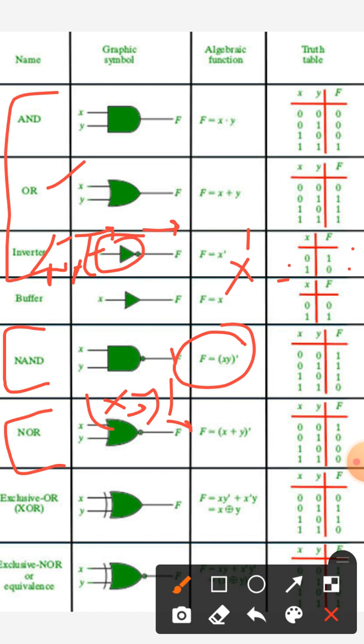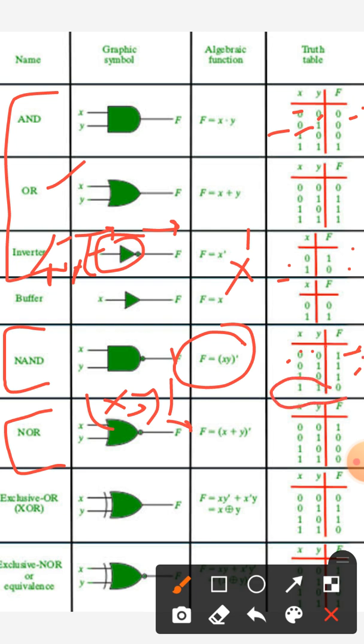So when x equals 0 and y equals 0, in the AND gate we have 0 output, then what is the NOT of 0? 1. So in the NAND gate, when x is 0 and y is 0, f equals 1. When x is 0 and y is 1, we have 1.